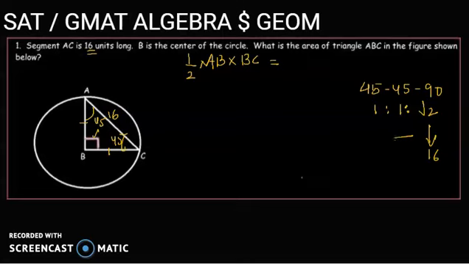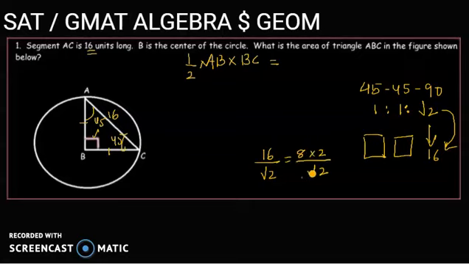So again, as we did in the last question, we have to find these two sides facing 45 degree. They are no doubt equal. So let us try to find. So just we have to divide 16 by √2, which is 8 times 2 by √2.